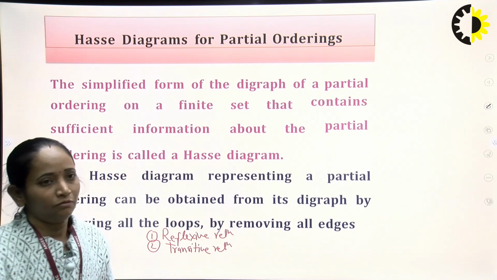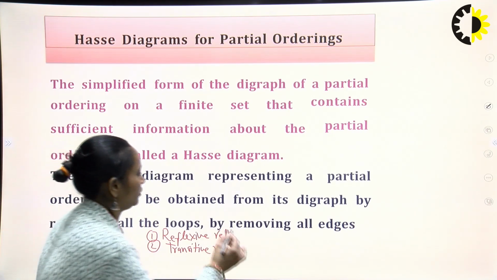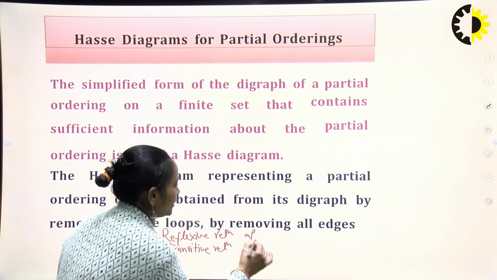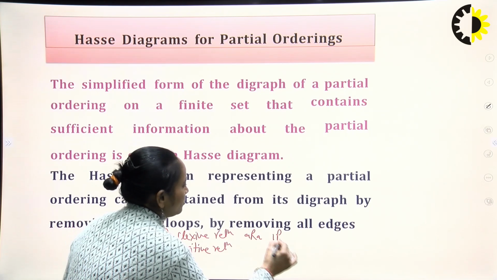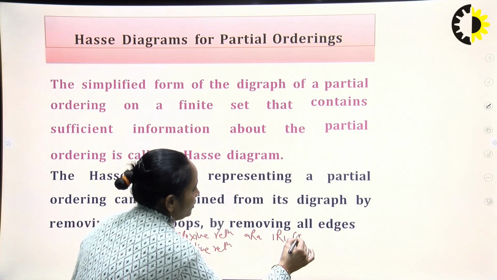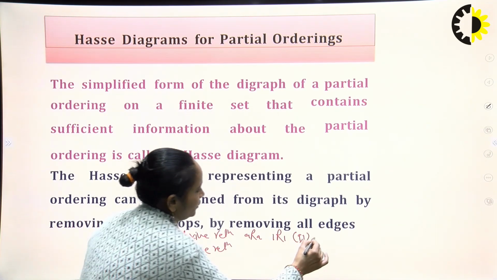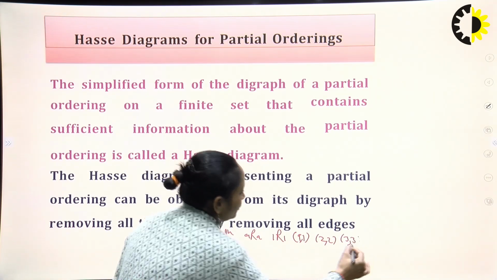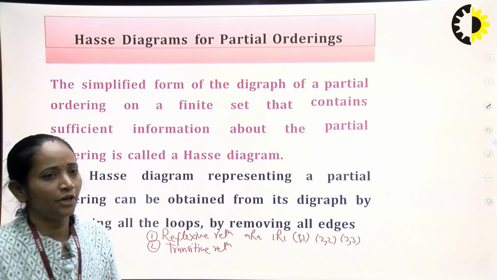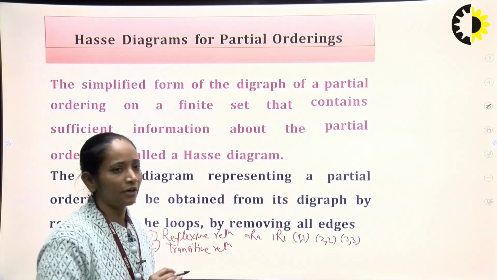So what is a reflexive relation? Reflexive relation means A is related to A, that is 1 is related to 1. If there is a relation of (1,1), (2,2), (3,3), such type of relation we have to remove from the given relation.